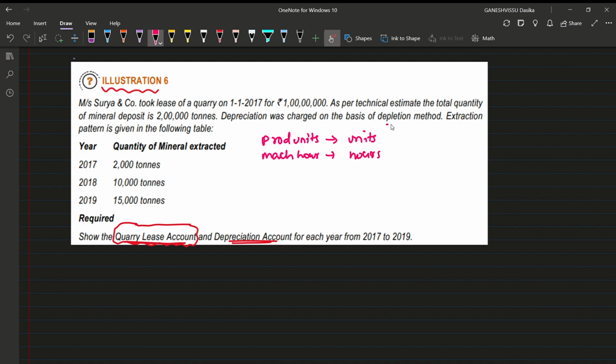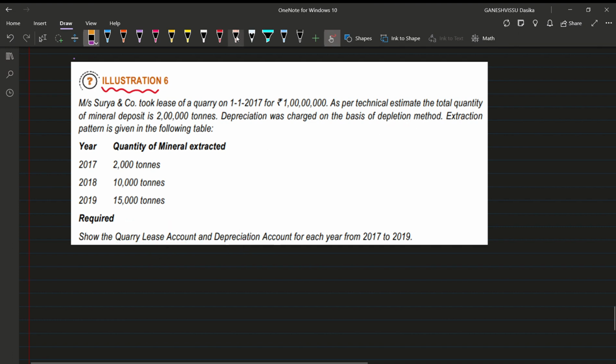For the depletion method, the tons, the quantity of minerals extracted, will be the basis. That is the only difference we have for this problem. I think you know how to do the next case, but I am going to explain the total sum. Okay, illustration number 6, we shall start now.